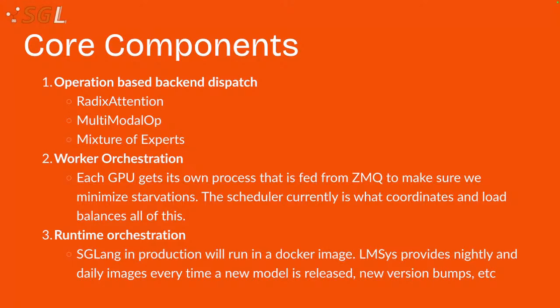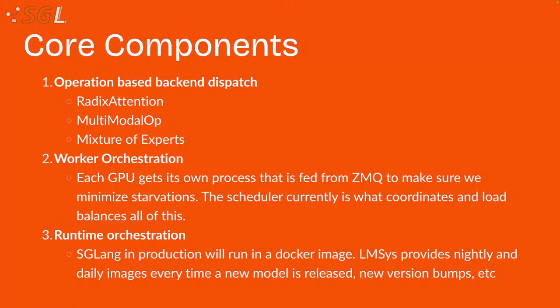Next, let's talk a little bit more about worker orchestration. We talked earlier about the one process to one GPU abstraction. But what's actually happening here is that we aren't just doing that one process with one request each time. The process itself is being fed from a ZMQ process.